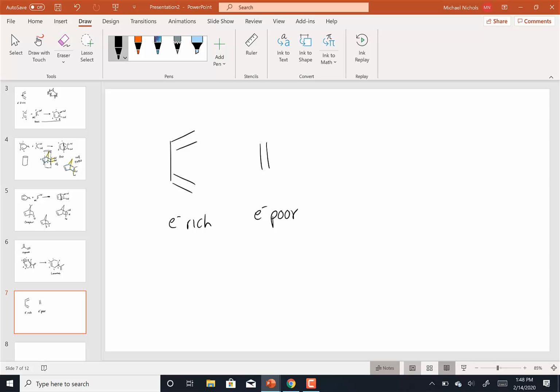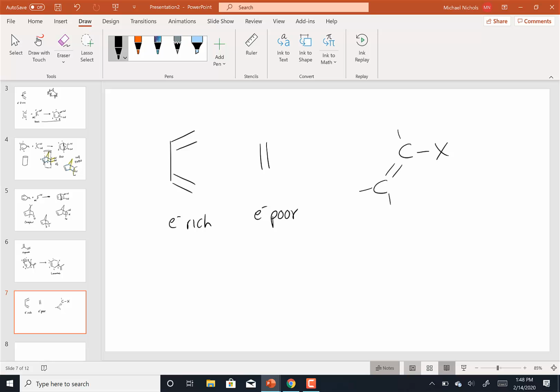Here's the simplest case. Attach a halogen to a carbon atom. Better yet, attach a halogen to a double bond. What does that halogen do? It is going to withdraw electron density from the double bond.